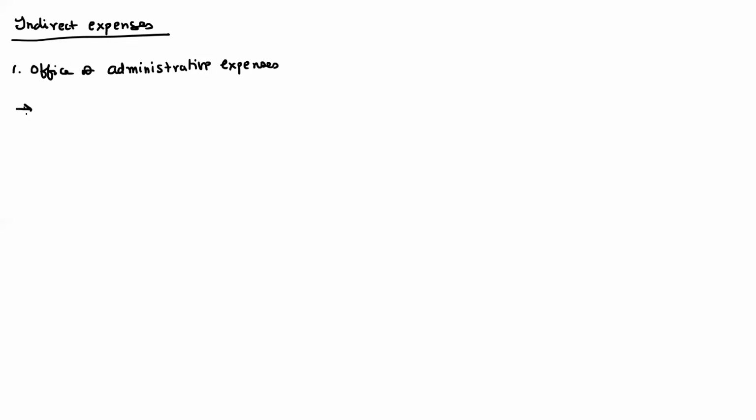You have your office salaries. Now salaries can be given to you as either they will mention just the word salaries or they will mention it as salaries and wages. So either way it is written, it is a part of profit and loss account.